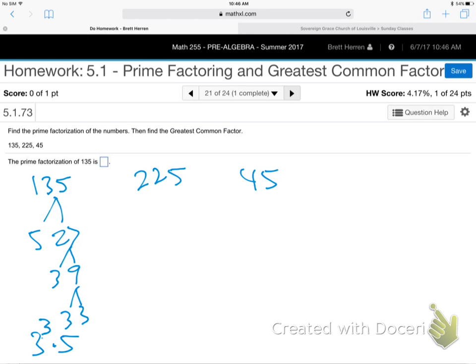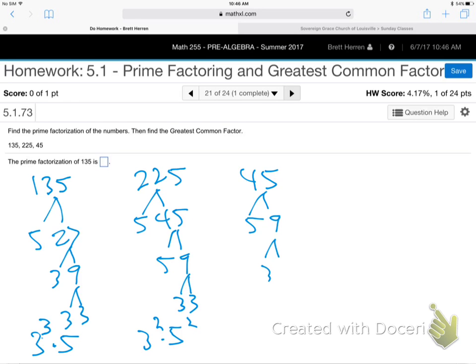For the breakdown of the 135? Let's try the 225. 5 times 45. Then 5 times 9, and 3, 3. So that's 3 squared times 5 squared. And this one's 5 times 9, 3, 3, so 3 squared times 5.